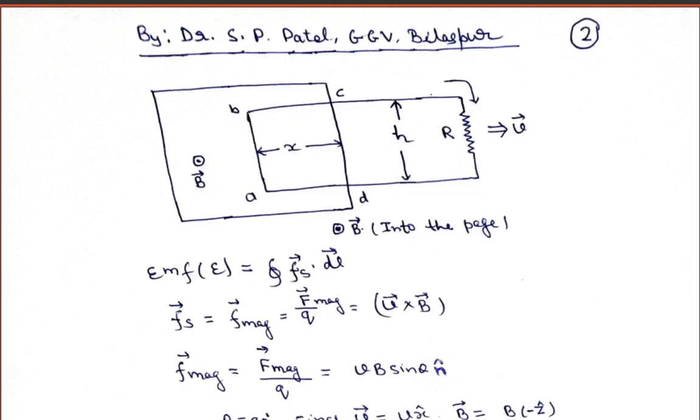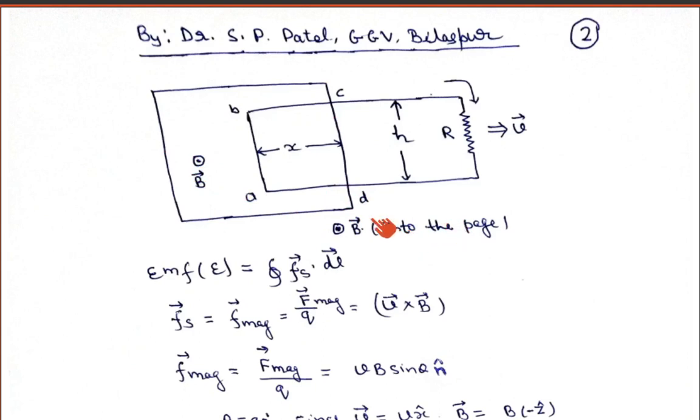And let us try to understand another example of motional EMF. This kind of circuit is also known as an alternating current generator. Here in this circuit, let us assume that we have a magnetic field in a rectangular area, and the magnetic field is pointing into the page.